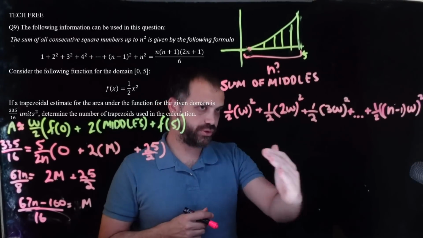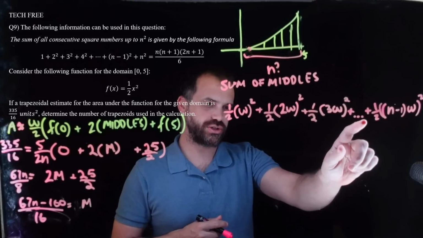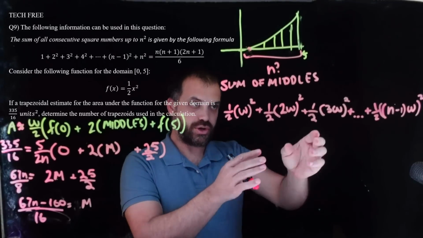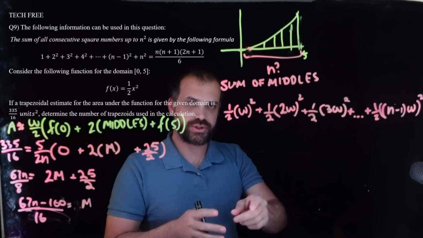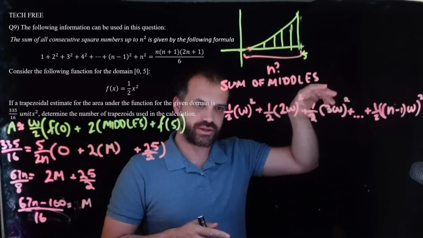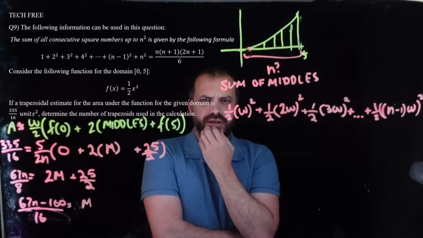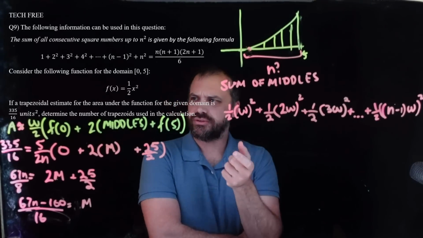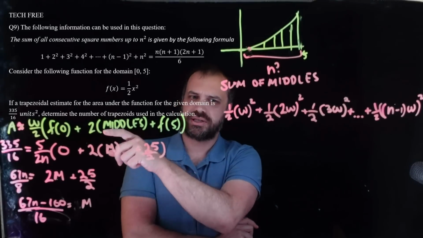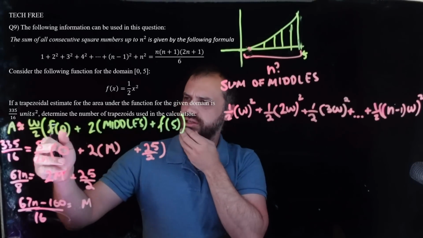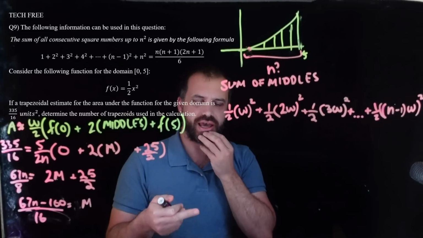All right, beautiful. Now, I've put this little dot, dot, dot in here. That's customary. You don't know how many are in the middle, right? We're just going w, 2w, 3w, and so on, and then n minus 1 times w. That's our last number. Now, what did we say earlier about w? W isn't just w. W is 5 on n.